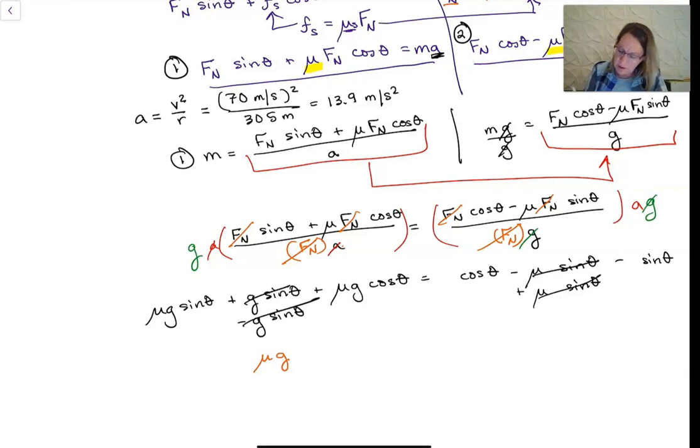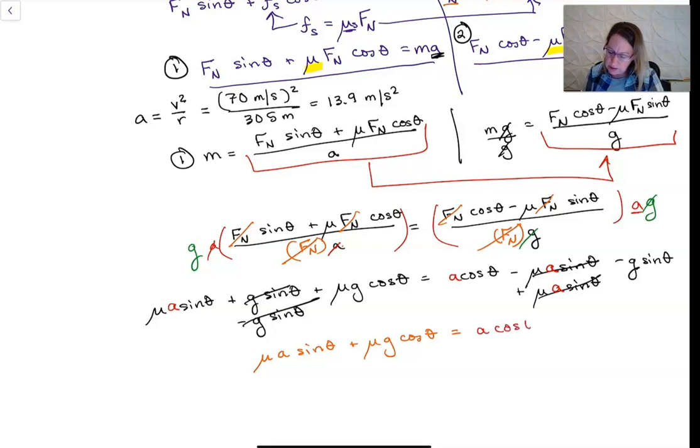Let's see. So I have an a, this a, sorry. So I need an a instead of this. Gotta catch your errors. And this one is still a g. Okay, sorry. So we've got mu a sine theta plus mu g cosine theta is equal to, then I think I got this, a cosine theta minus g sine theta.